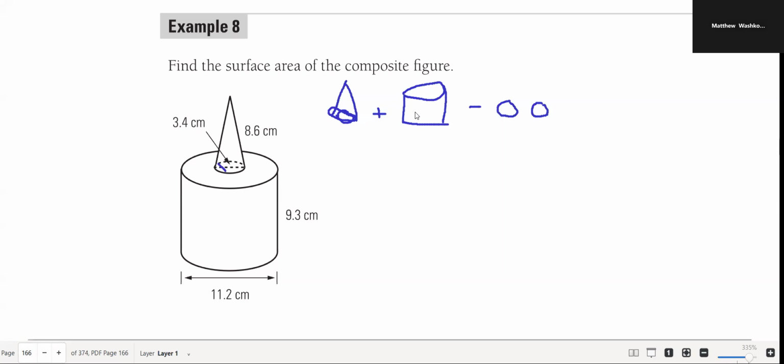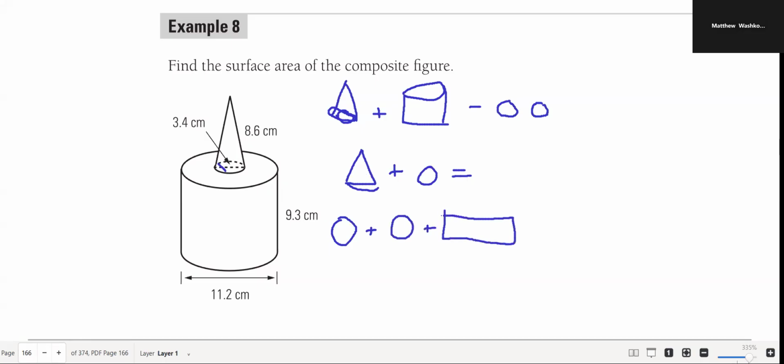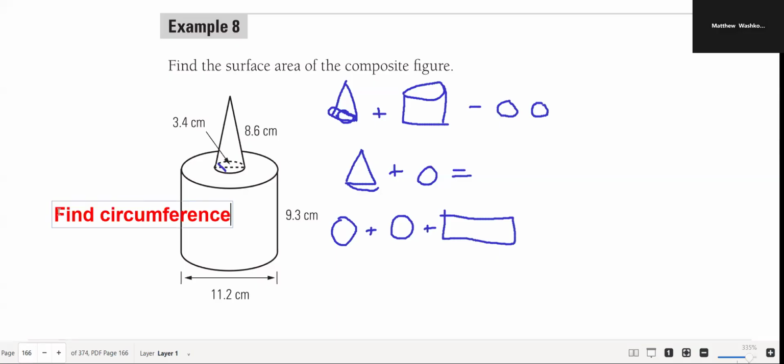I'm not going to fully go through it here, but remember your cone is the cone part plus the circle part. And your cylinder is the circle plus the circle plus the rectangle. But to find the rectangle, I need to use the circumference. So you see how it's really complex here? But at this point, you guys have all the tools you need to be able to solve this.